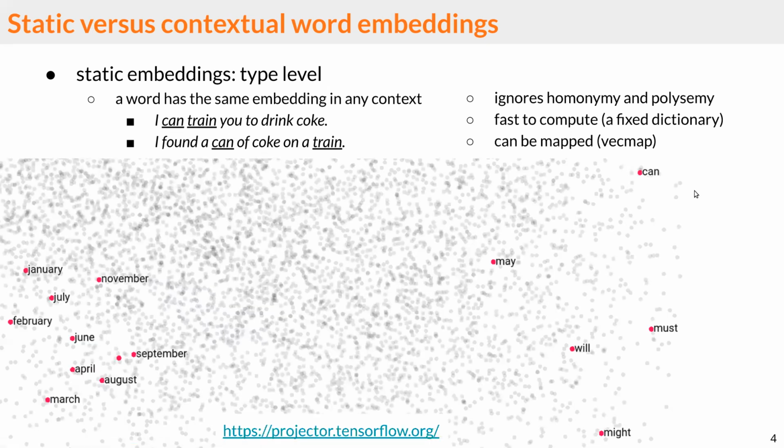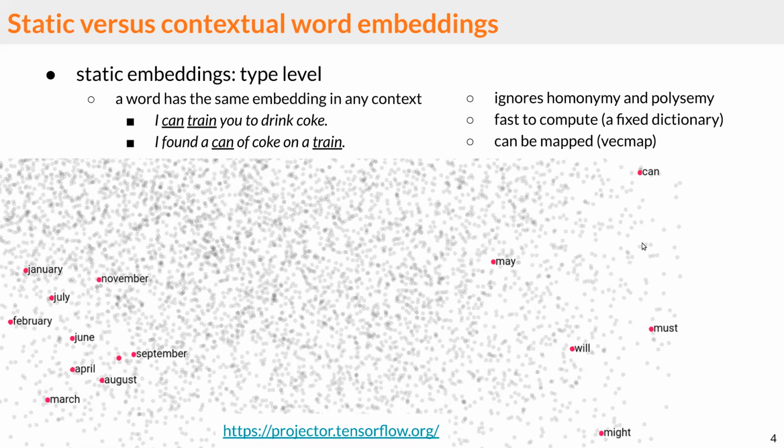And I have here an example from the projector on TensorFlow, which I showed last week. The example is interesting, showing some modal verbs, or auxiliary verbs, and some months, and you will notice that the month May is not part of the cloud of the other months, so it's not very close to the other months because it can also be understood as a verb.